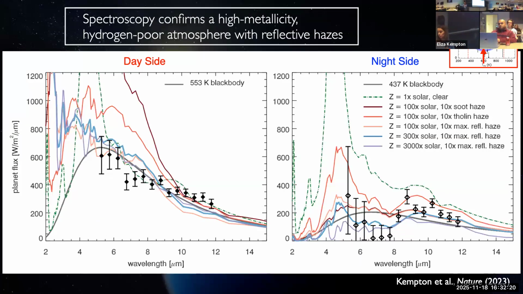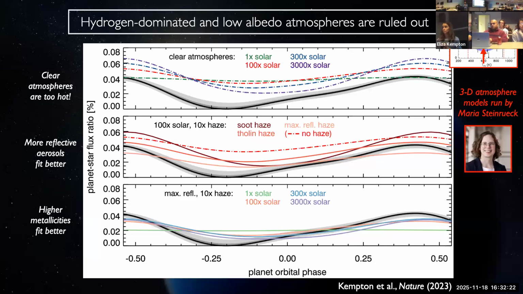Sorry, before you go, what is 3,000 times solar metallicity? So it's basically upping the abundance of everything except hydrogen and helium by a factor of 3,000 relative to hydrogen and helium. So this is now no longer a hydrogen dominated atmosphere. This is not necessarily a realistic scenario.